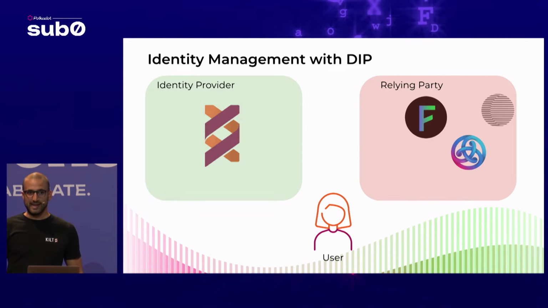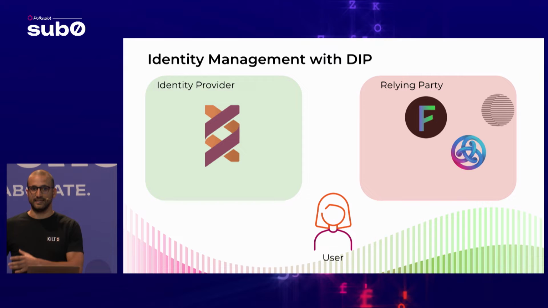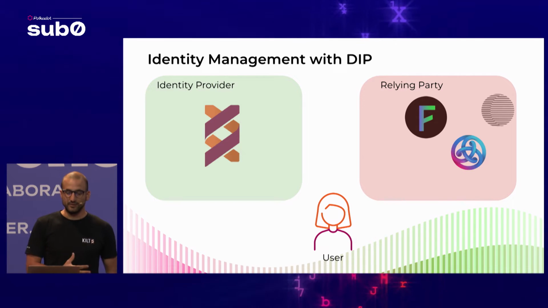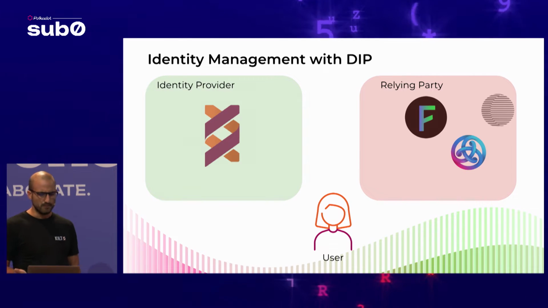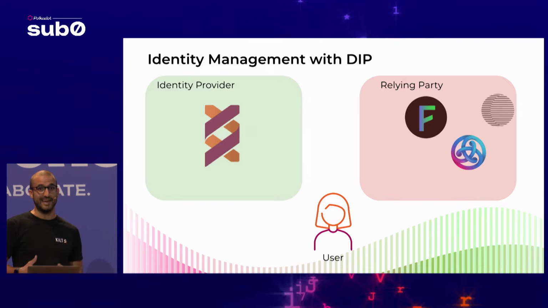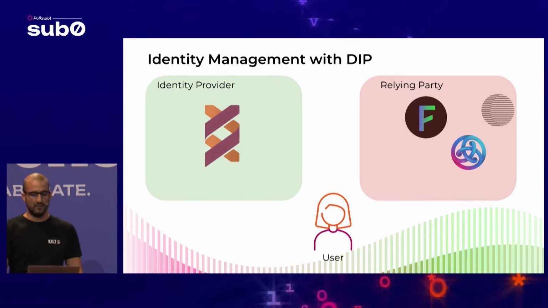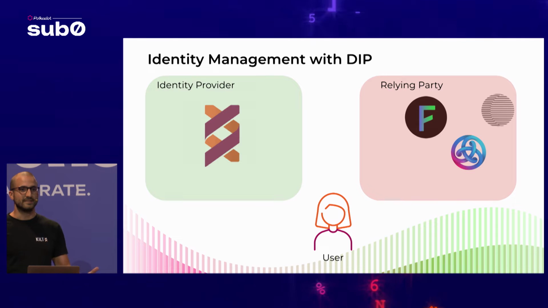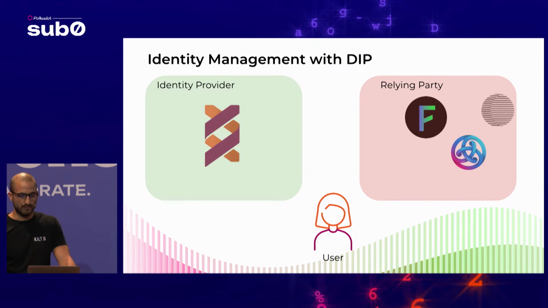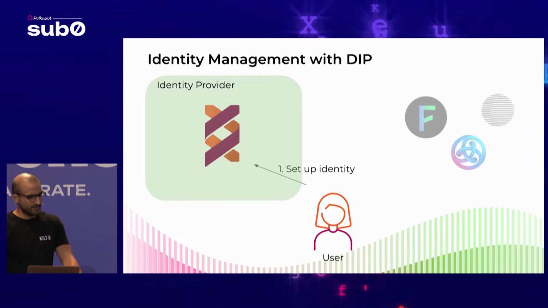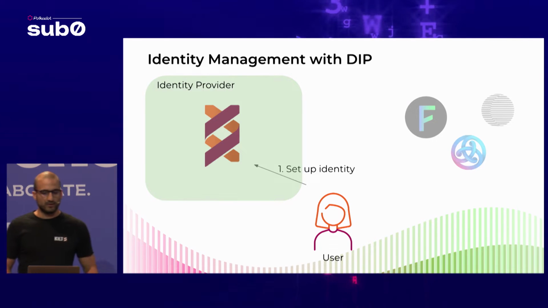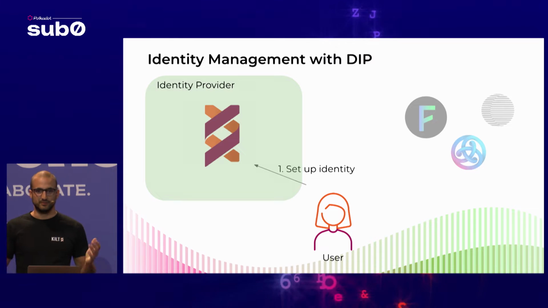It's a protocol that enables a user to have their identities in a single place and use them in multiple different locations, without sacrificing usability and decentralization. We wanted to retain, for this reason, the same naming as the OpenID protocol, namely the identity provider and the relying party. Similar to OpenID, the first step for a user is to set up their identity on the identity provider chain, for instance, on KILT.